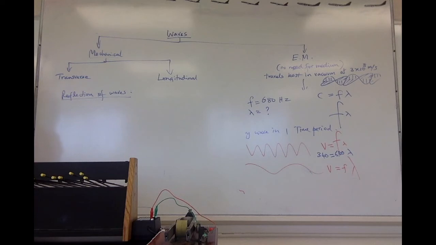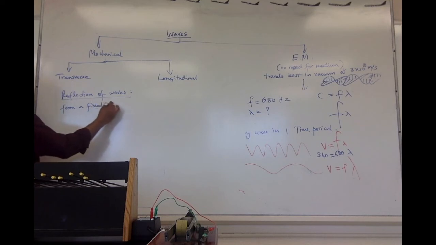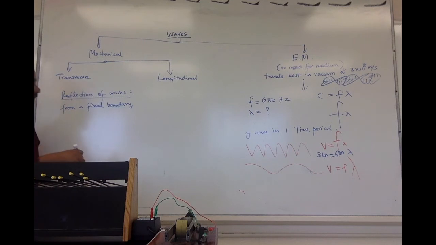There are two types of reflections. One from a fixed boundary. And the other one from a free boundary.